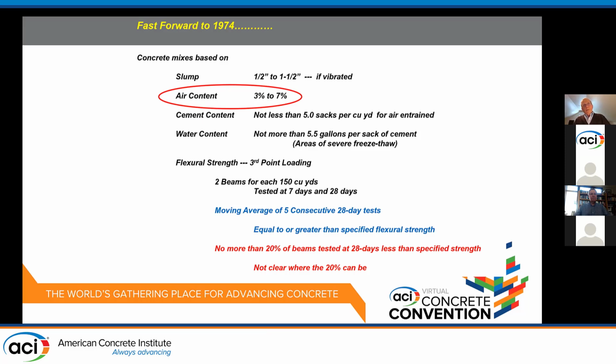Is it one beam in every moving 5 calculation? I could have a couple of 640s, a 680, a 690, a 700, and still be above my 650, but I'd have 40% failures, and they only fail by maybe 10 PSI. And remember, 100 PSI in this design only affects the required thickness by 1 inch.